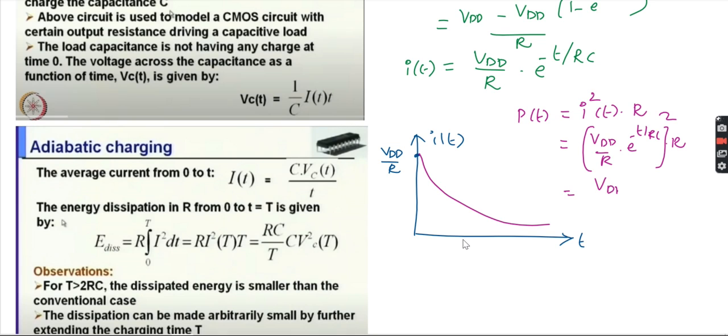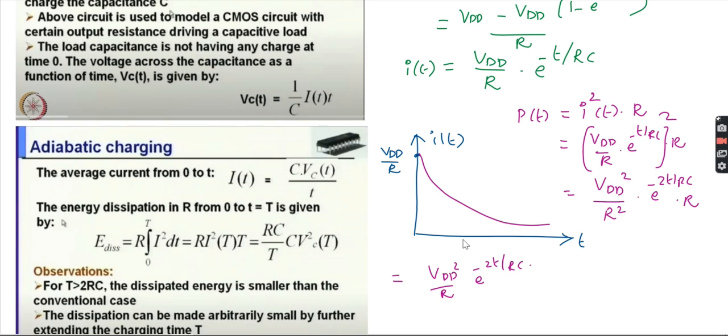This will be VDD square by R square into e to the power minus 2t by RC into R. The R will get cancelled. Then finally I will get, this will be your power, right? So it is VDD square by R into e to the power minus 2t by RC.